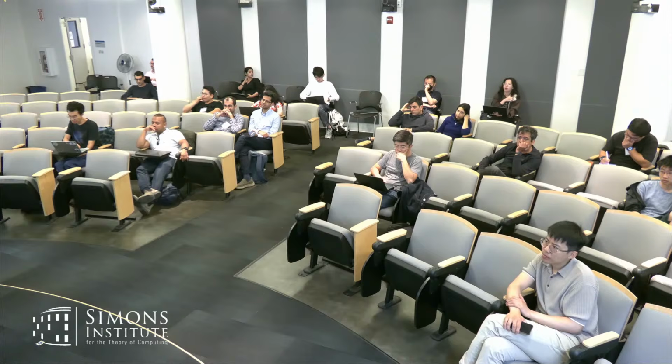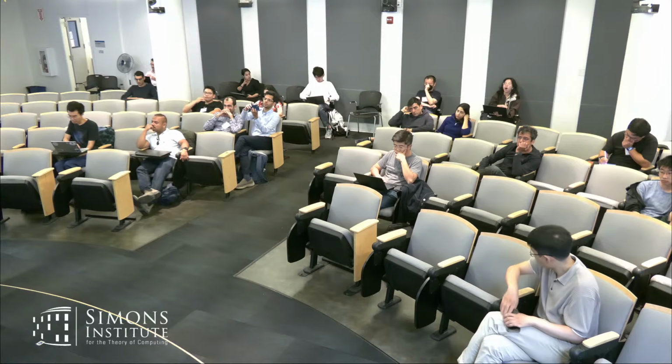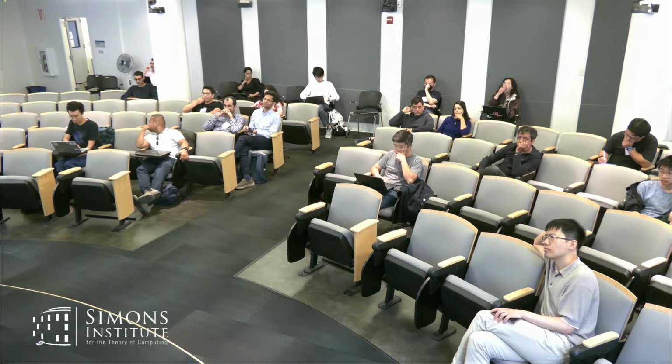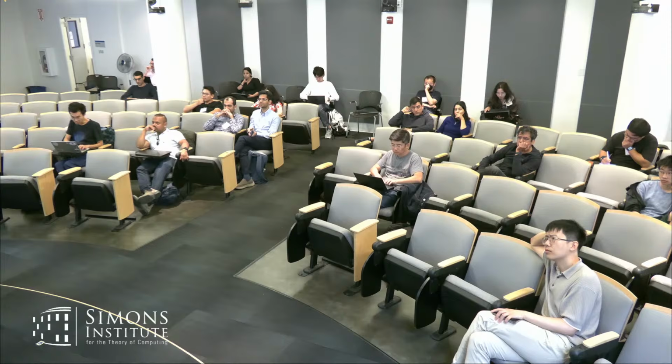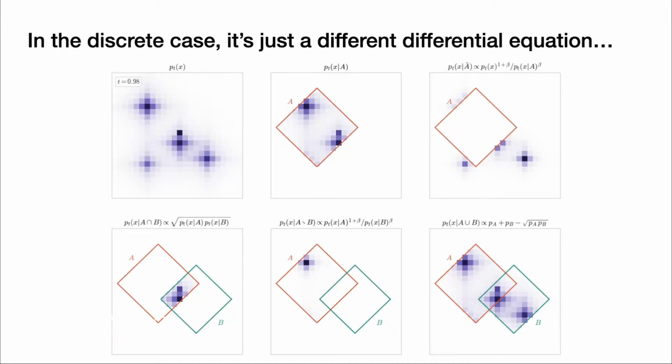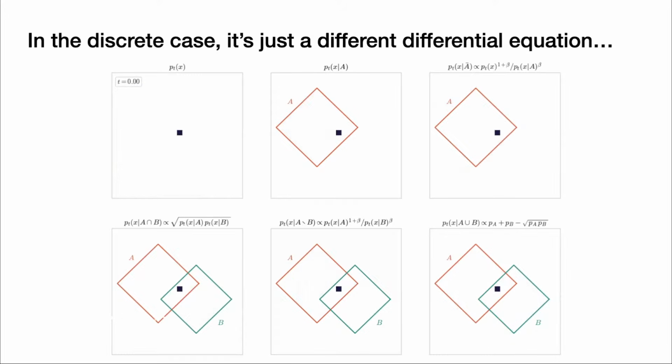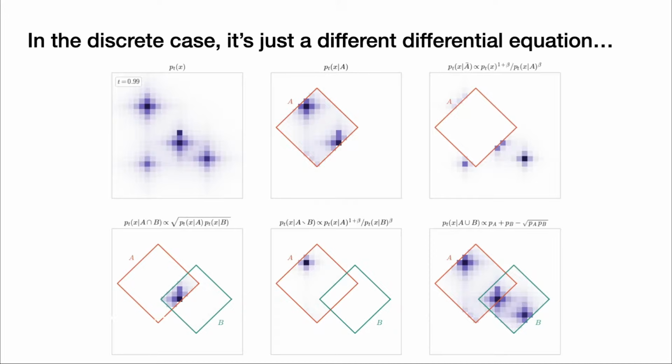All right, so this is the paper, and oops, that's too fast. I wanted to say that the same things work for the discrete case. This is the full distribution, and here we can take the subsets with the set operations and so on and so forth.